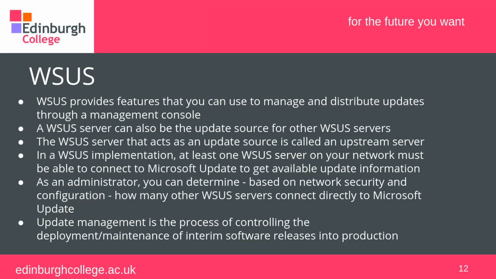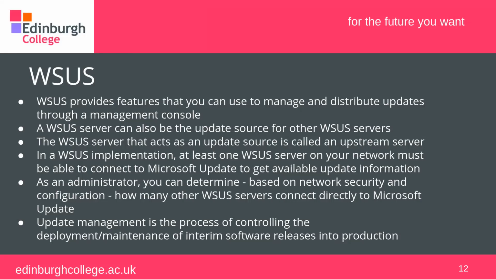A WSUS server can be the update source for other WSUS servers. The WSUS server that acts as an update source is called an upstream server. In a WSUS implementation, at least one WSUS server on your network must be able to connect to Microsoft Update to get updates.